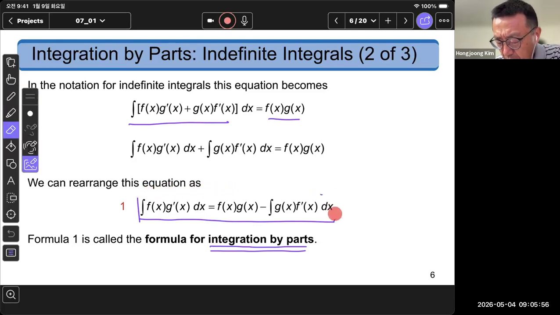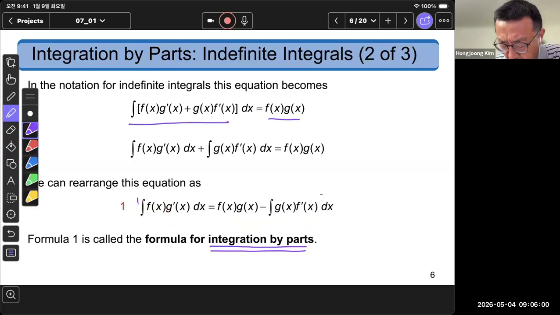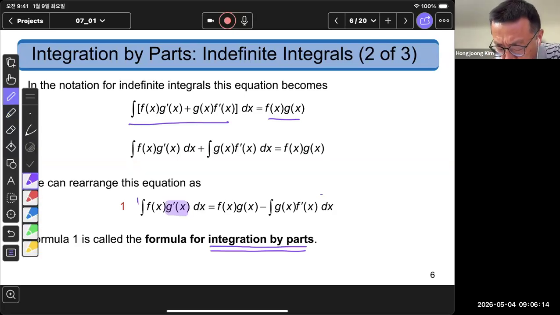The point of integration by parts is this. On the left-hand side, I have g', so the differentiation, the derivative, is applied to g(x).